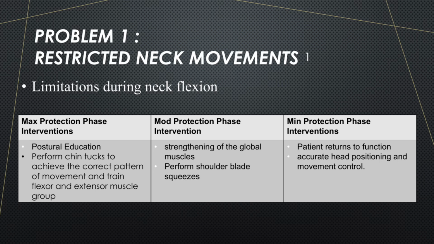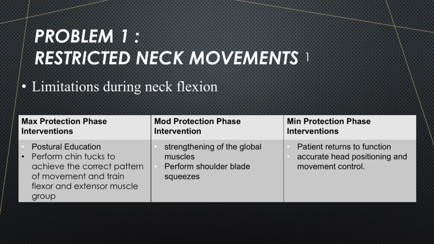For problem number one, we have restricted neck movements, more like limitation to the neck flexion. In this stage, we focus more on training cervical flexors and extensors, which are the longus colli, longus capitis, rectus capitis anterior, and rectus capitis lateralis.